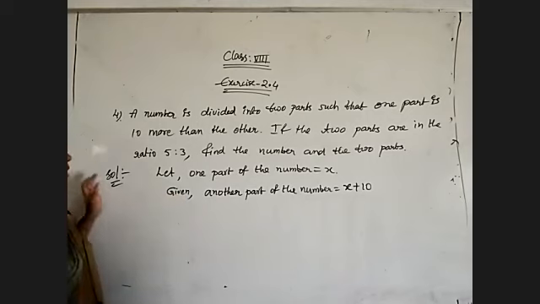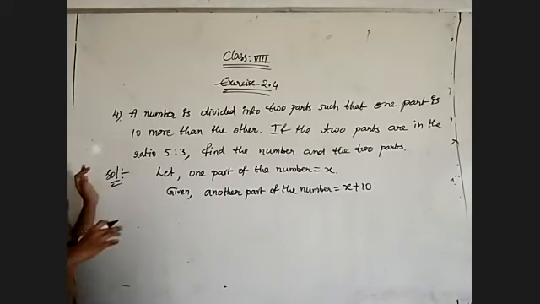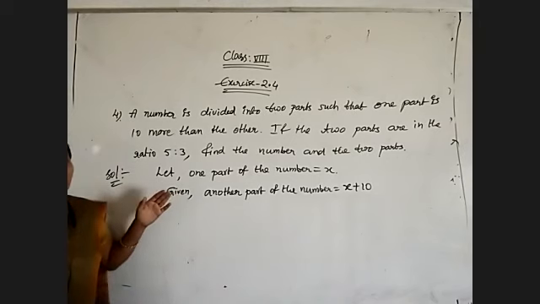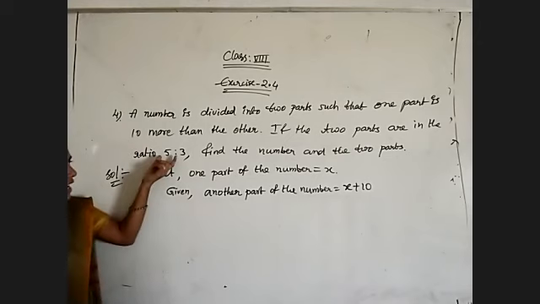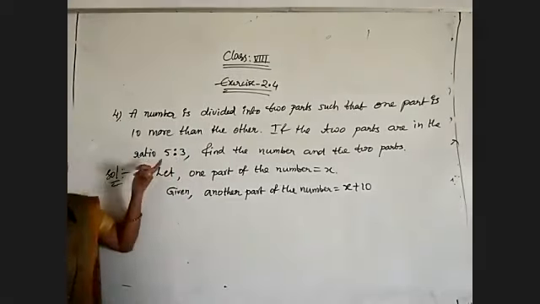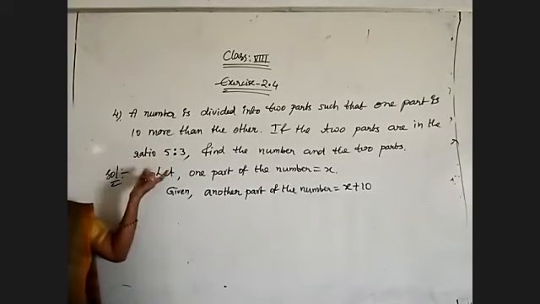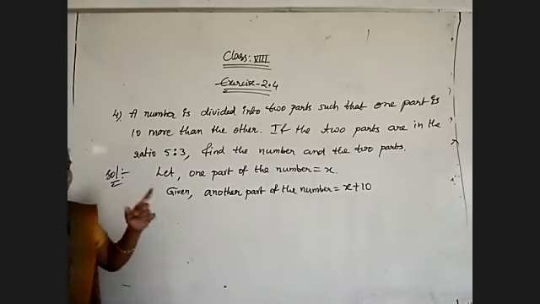Now the two parts are in the ratio 5:3. But how can we simplify ratio problems? We need to arrange the numbers in correct order. When we are talking about ratios, order is very, very important. If you are not writing in correct order, you will get the wrong answer.